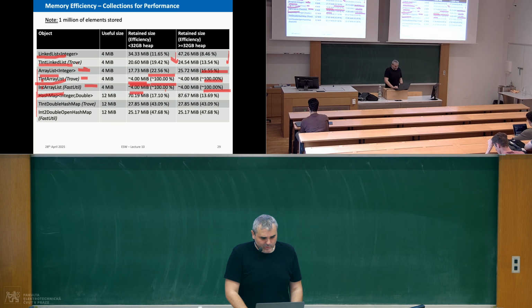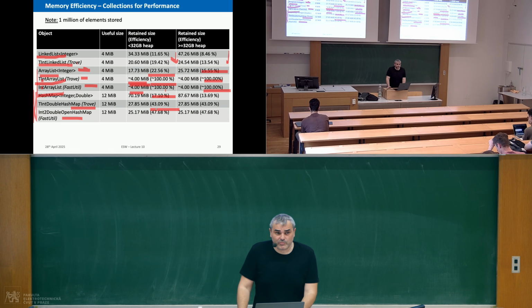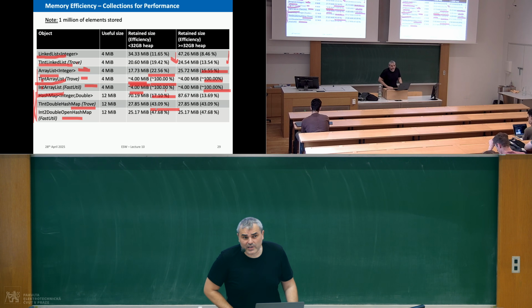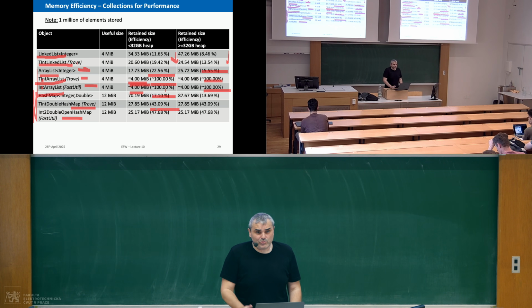And that also applies to the maps. So the last 3 lines are for maps. You can see that for Trove and fastutil, we increase it from a very small percentage of efficiency to almost half. It's not optimal because of the load factor, so we usually keep a lot of the hash table empty.